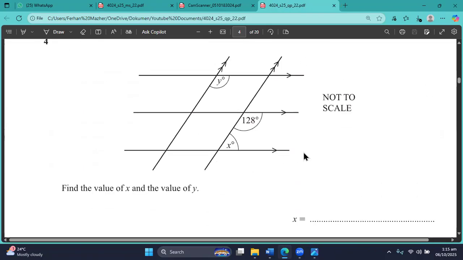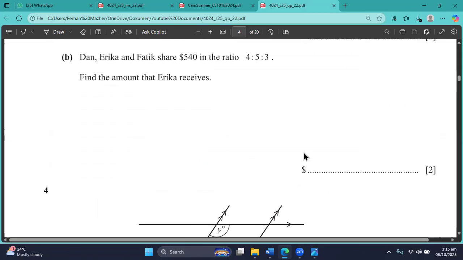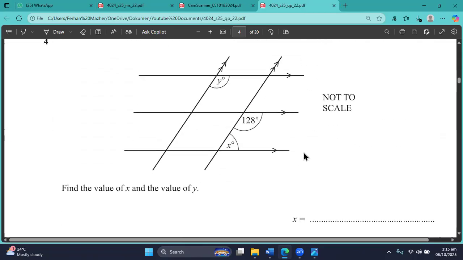Now we have question number 4. Find the value of X and the value of Y. You see this X and 128, these are parallel lines. This is the transversal line. X and 128 are on the same side of the transversal, inside the parallel lines, and they have different vertices. So their sum will be equal to 180.